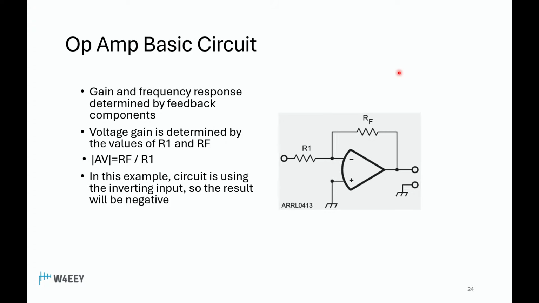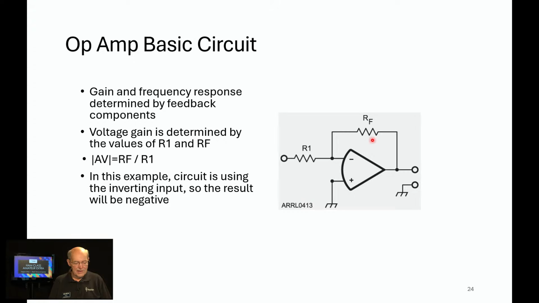So here's the basic circuit. We've already seen that. I'm concentrating here now on these two resistors, the feedback resistor and the input resistor. So gain and frequency response are determined by the feedback components. In this case, we just have resistors, so we wouldn't think that there would be any frequency response or frequency modification taking place here, because there aren't any reactive components, inductors or capacitors.